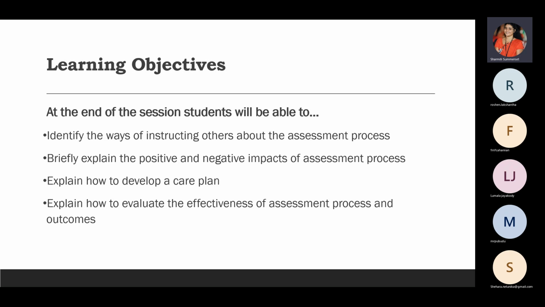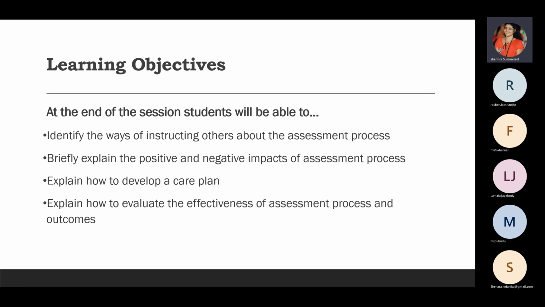For that purpose only, we try to get this information, which we call the assessment process, right? Most other people won't know why we are doing this assessment and why we give so much importance to it. Sometimes some people may ask whether we can't do anything without assessment.